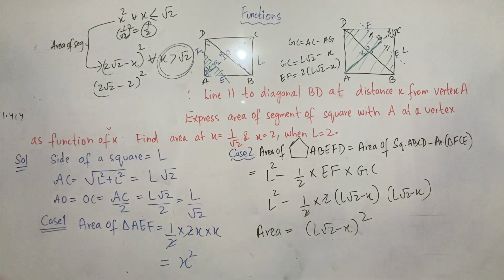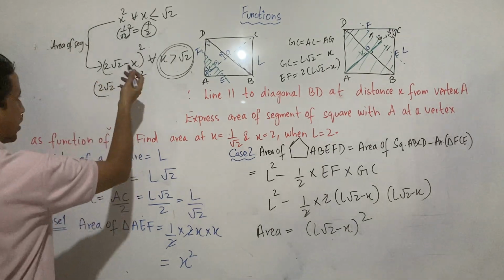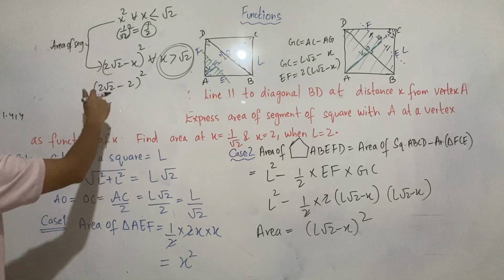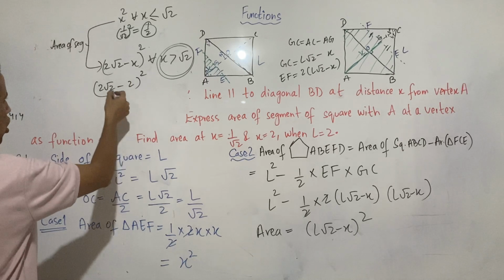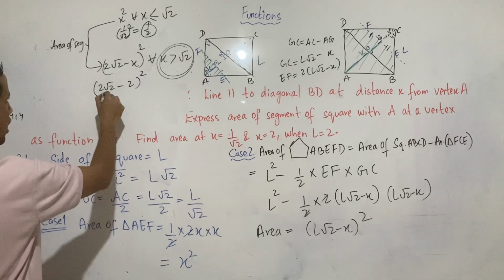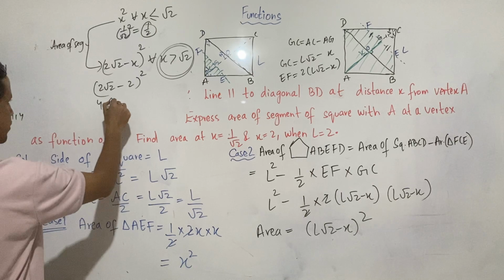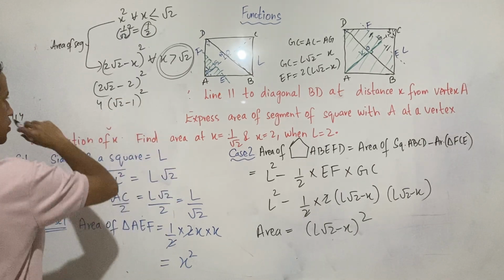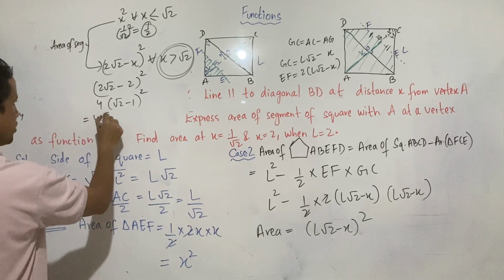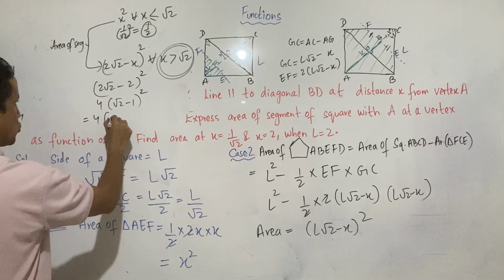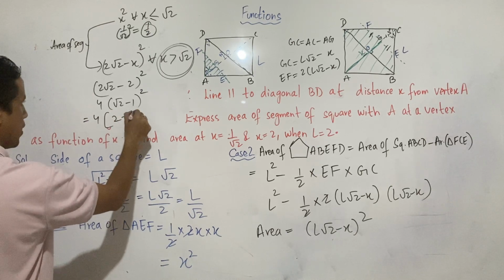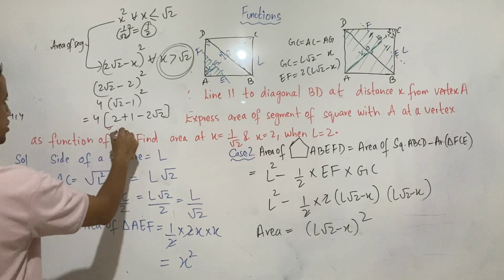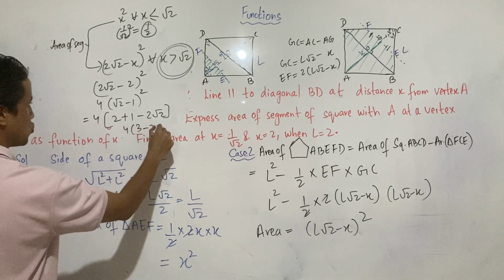You can further simplify it. Okay, so you can just apply the formula. This is going to be a square, or from here, 2 common, 4, and inside, (root 2 minus 1) square, which is equal to 2 plus 1 minus 2 root 2, which is 4 times (3 minus 2 root 2).